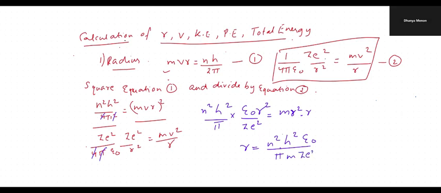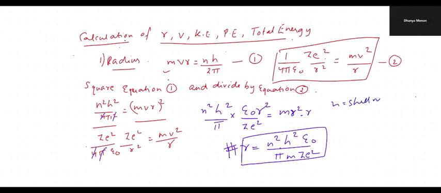This is the radius of the nth shell. Okay, so you can substitute the different values of n and you get the radius. So this is very important, student. Okay, so if a numerical is given, you should be able to find out. Okay, so n is the shell number.